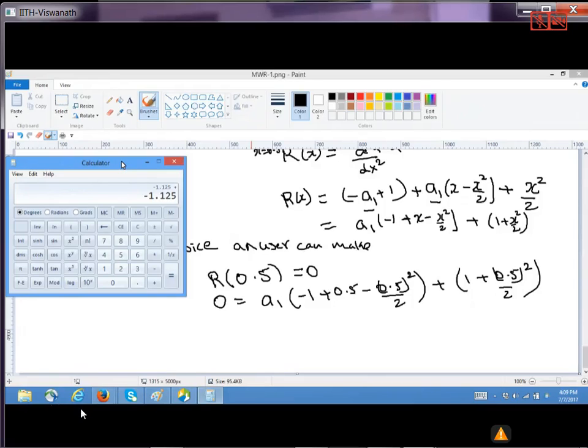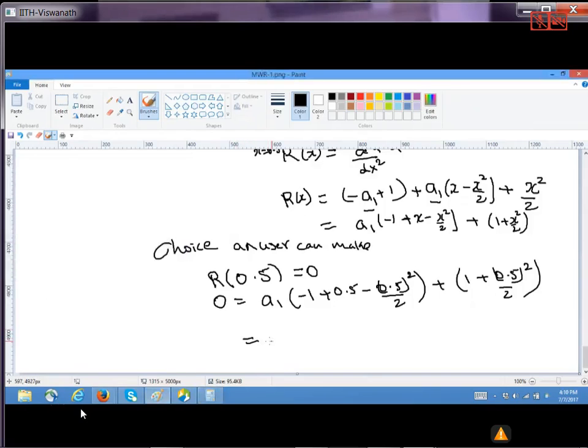Plus 1 plus 0.125, that gives 1.125, which is equal to 0.